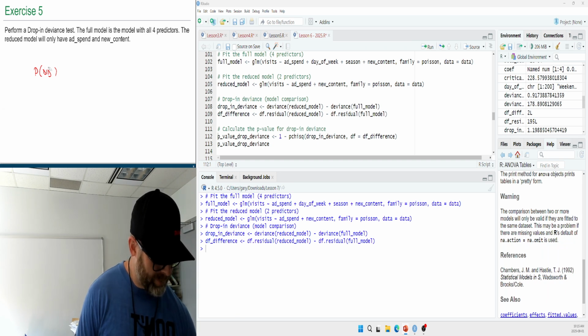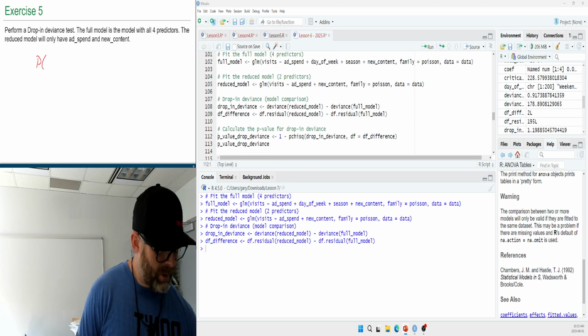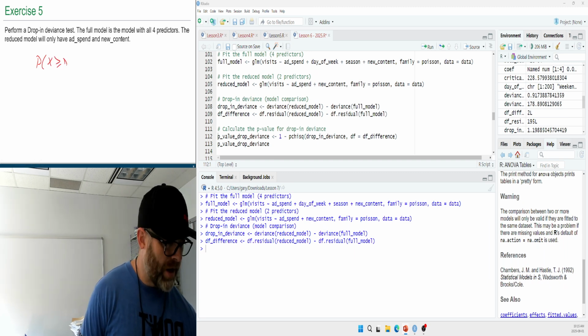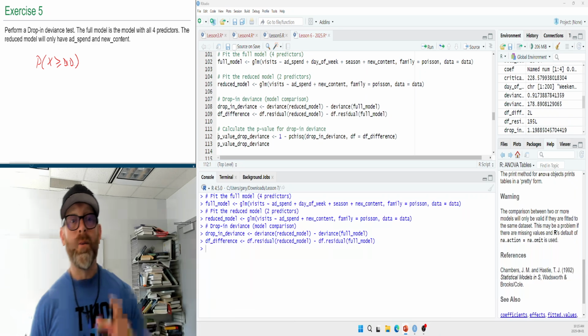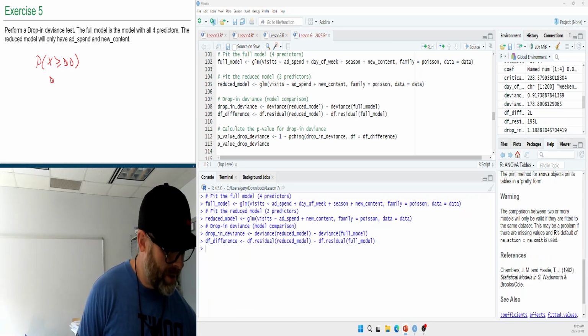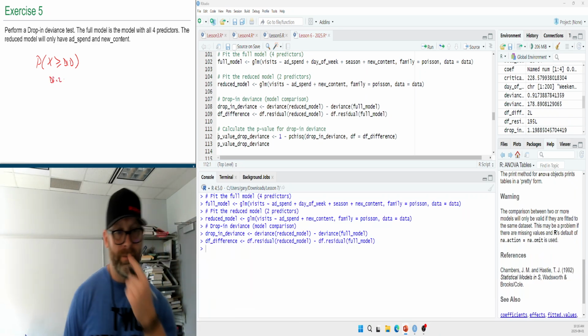Let's write this out a little bit there. So what's the probability that we see this greater than or equal to the drop in deviance? Again, this is assuming a degree of freedom, so df is equal to 2.